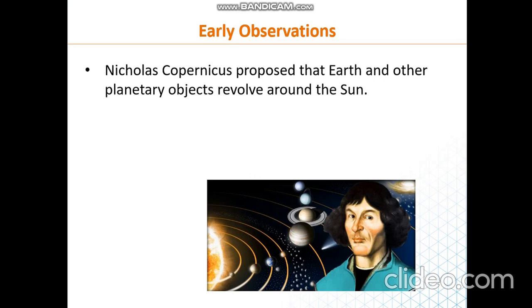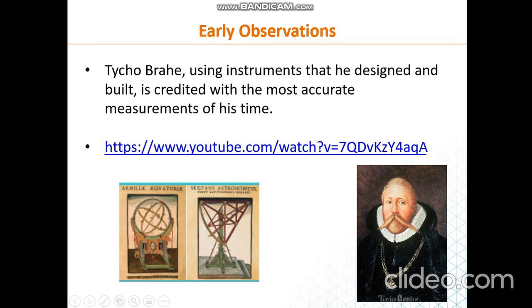Nicholas Copernicus observed the motion of the planets, and he noticed that the movement of planets doesn't agree with the Earth-centered model, so he proposed that the Earth and other planetary objects revolve around the sun. Later, Tycho Brahe, using instruments designed in his own lab, arrived at the most accurate measurements of his time.